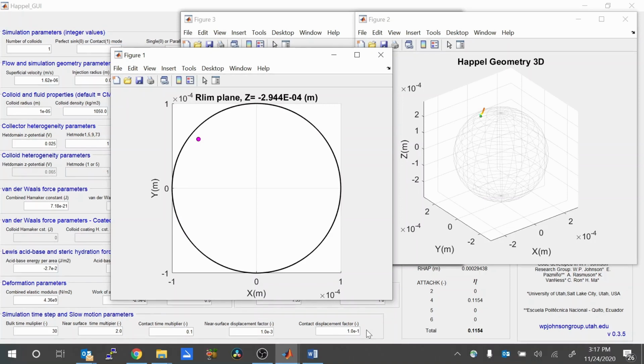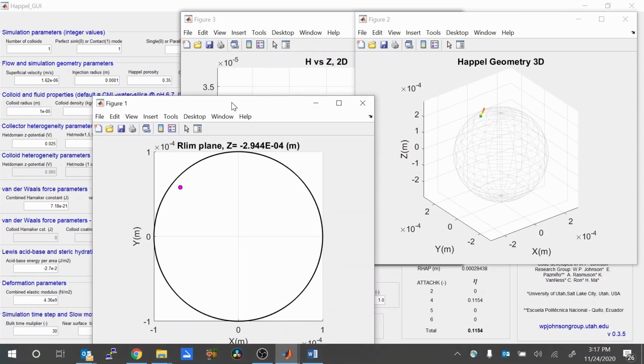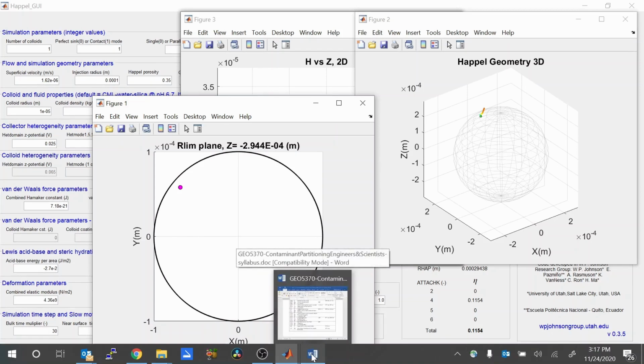And so that was given an attach K value, shown here in the GUI, of 4. And given the injection radius we used, that equates to an eta of 0.11. Now, we would have to vary the injection radius in order to get a more accurate eta, but that's covered in another lecture.